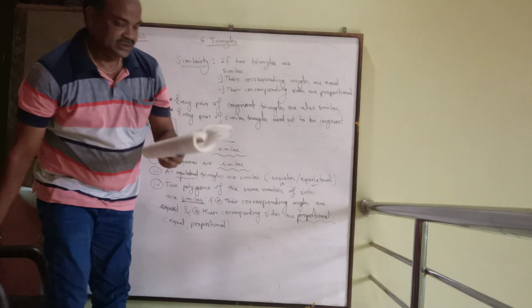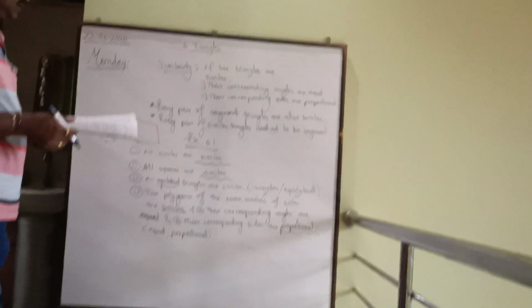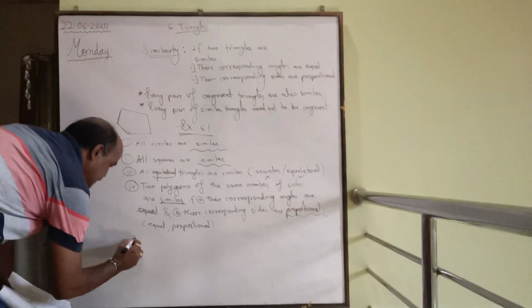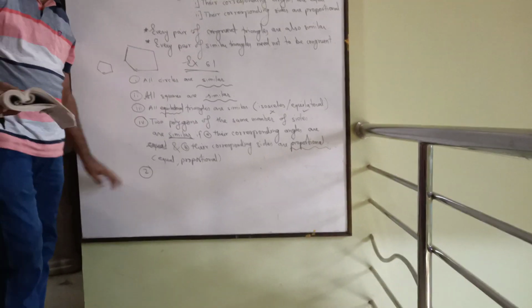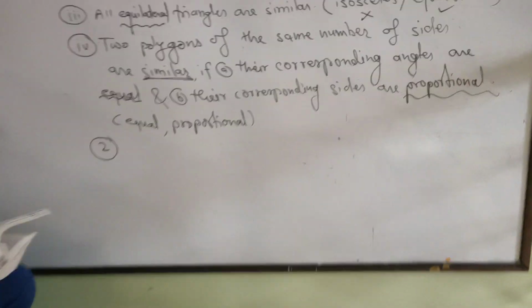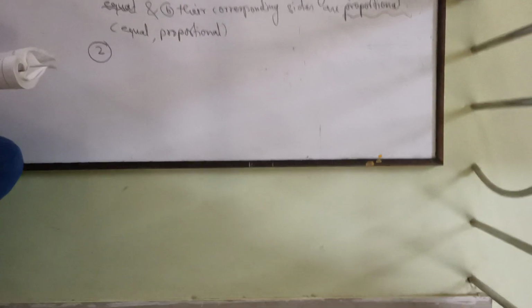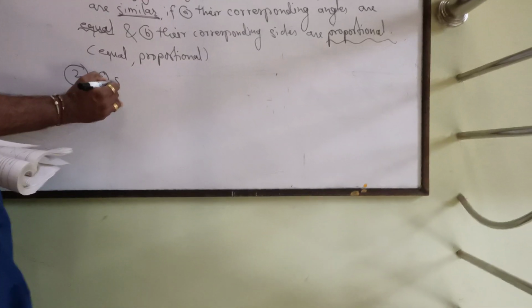So students, two questions are also there, second and third one. Second one is, give two different examples of pair of similar figures. Two examples we have to give, similar figures.